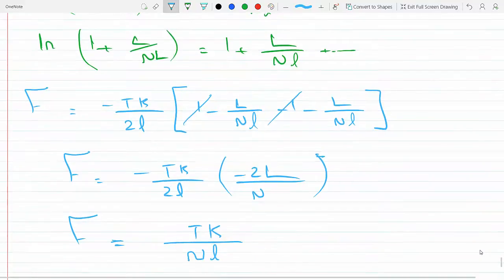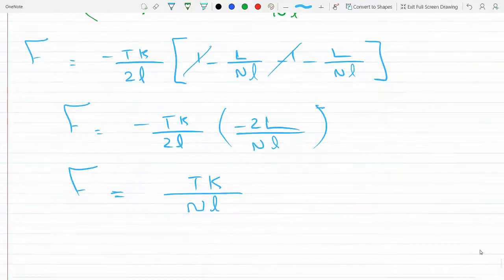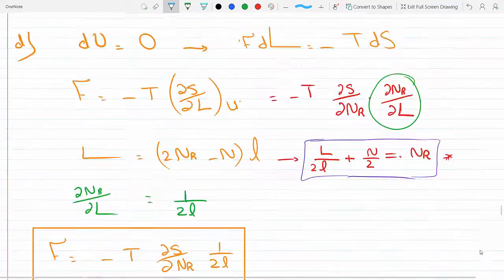It didn't make sense to me that this force would be independent of the length of each link. Okay, so that should fix it. And so we get TK over nl squared. So this is my force fixed. And so yes, this is exactly what the question is saying.